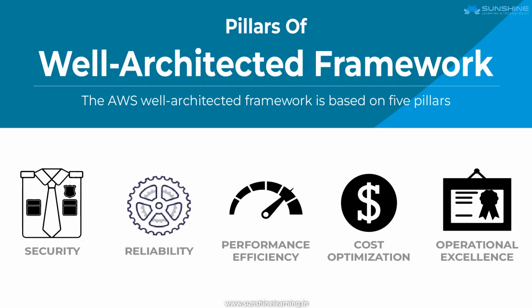So the 5 pillars of a well-architected framework are, first, security, second, reliability, third, performance efficiency, fourth, cost optimization, and fifth, operational excellence. So we need to ensure that our solution is properly secure from every aspect. In the market, there is a perception that cloud platforms are not that secure, so we need to ensure that the security of our architecture is thorough.